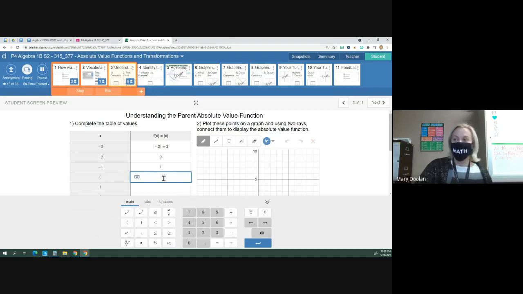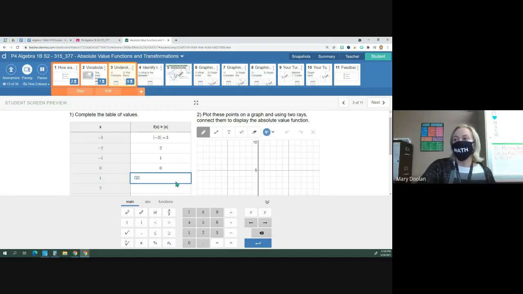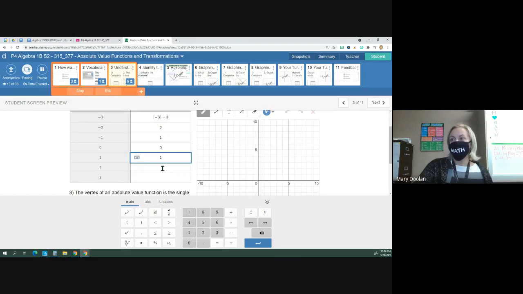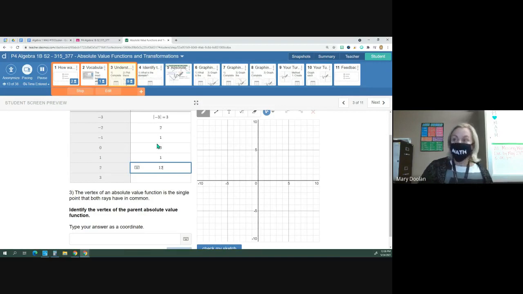It's there. It's absolutely there. So just 0, 0, 0. Absolute value of any positive number is just that number itself. So the absolute value of 1 is 1. Absolute value of 2 is 2. And the absolute value of 3 is 3.